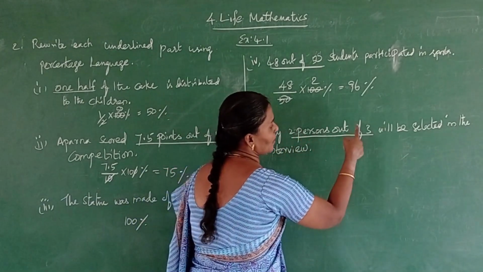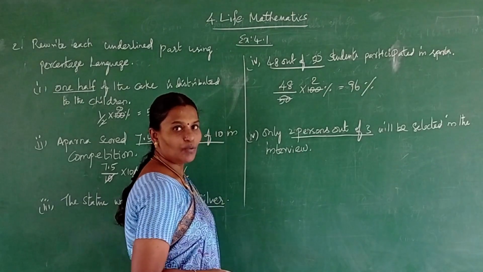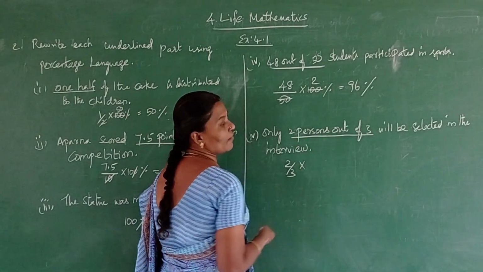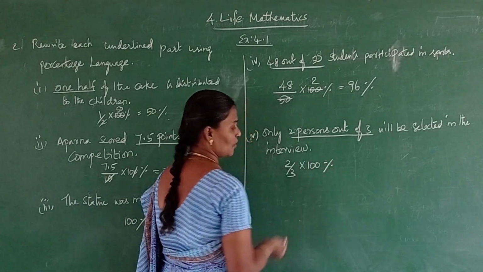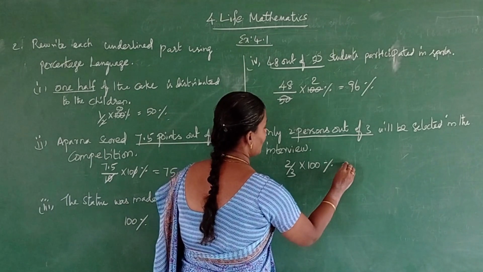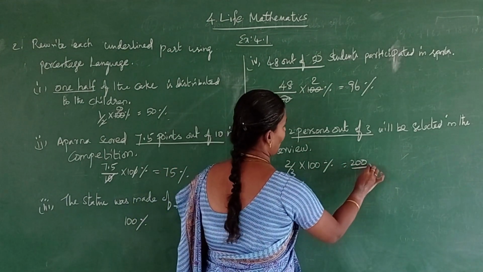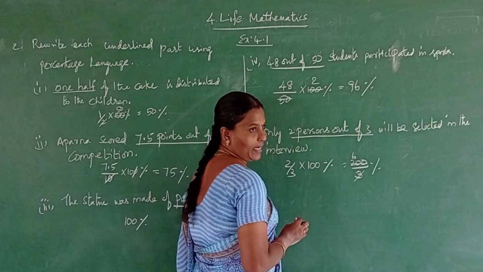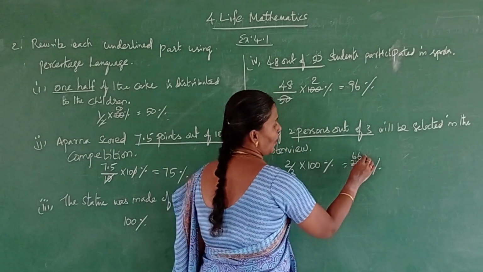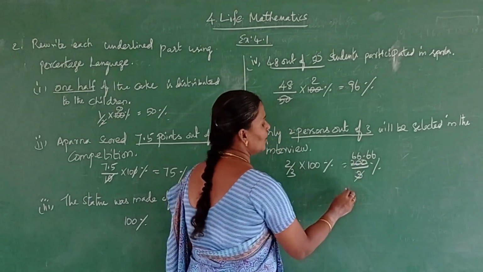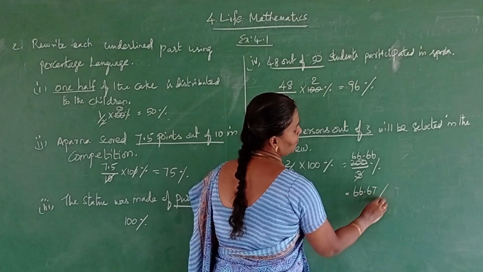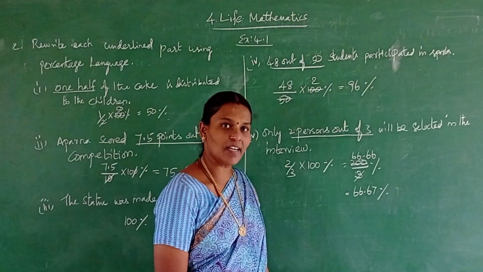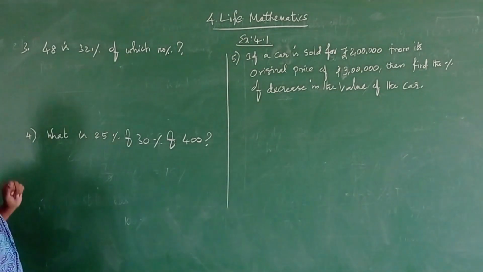Okay, so approximately 66.67%. Understand children? Good.